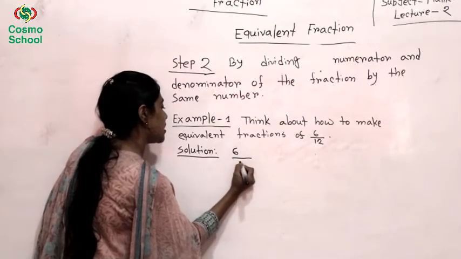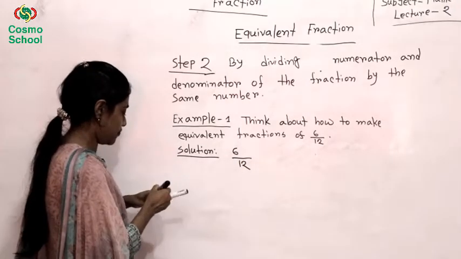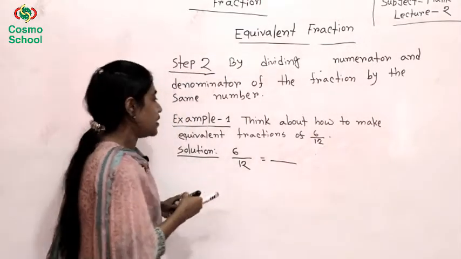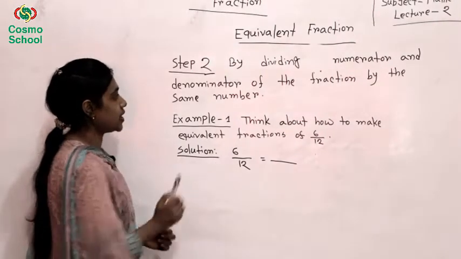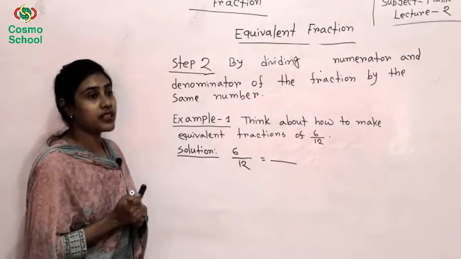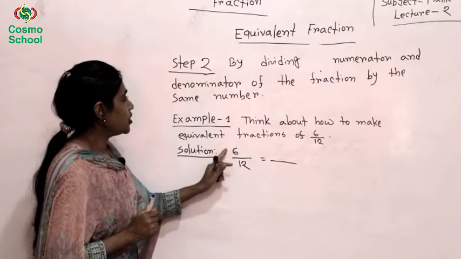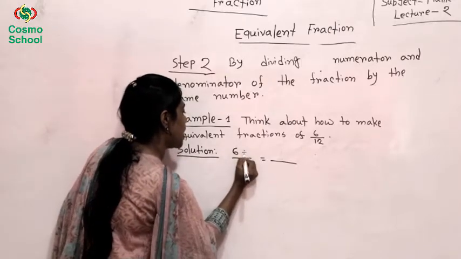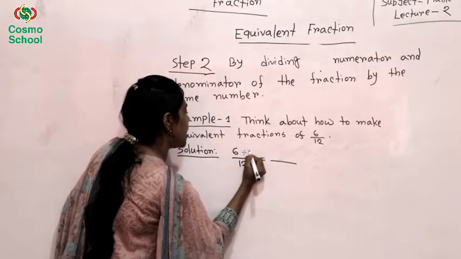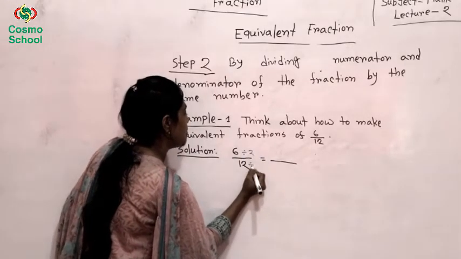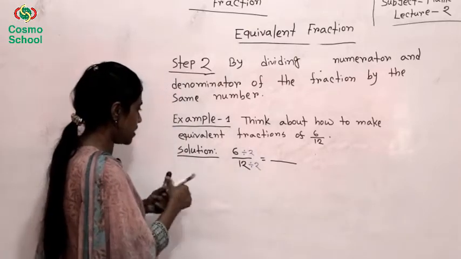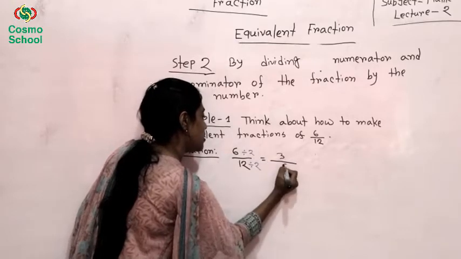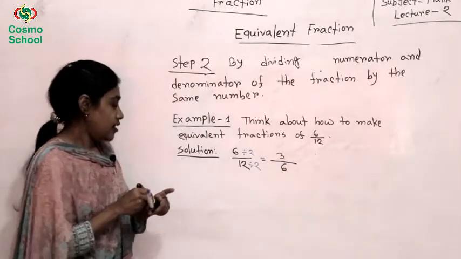Here is a fraction, 6 divided by 12. I can use the same number as a dividing number for both numerator and denominator. So at first I am dividing by the number 2 and get the result 3, and the denominator is 6.